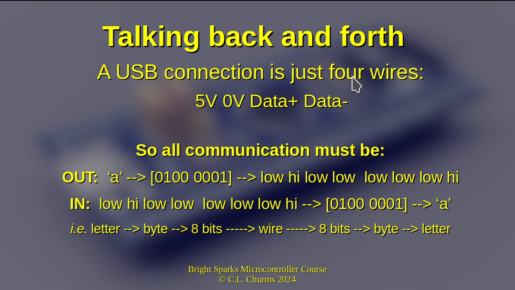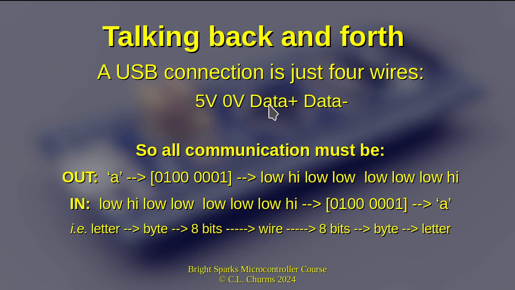Basically, USB consists of just 4 wires. Now, how do we use those 4 wires? Well, there has to be a power wire because somehow our Nano has power to it. So there's a power wire, and there's a ground wire, a 0 volts wire, to define where the 5 is measured from. And then there are just 2 wires for data.